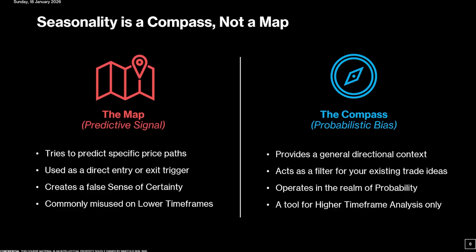And they tend to utilize seasonality as a way to predict specific price paths. To them, seasonality is like a map. It shows these retail traders where to go and what to do, how to get from point A to point B. So they use these seasonal tendencies as a way to enter and exit their trades.